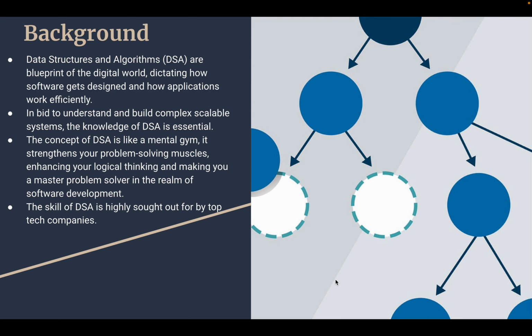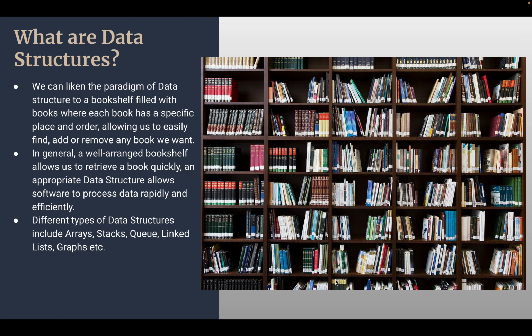So let's start with data structures. So what are data structures? When I was new to programming, I always read blogs about data structures. They make it feel like it's complex stuff. But basically, just think about data structures like a bookshelf of books.